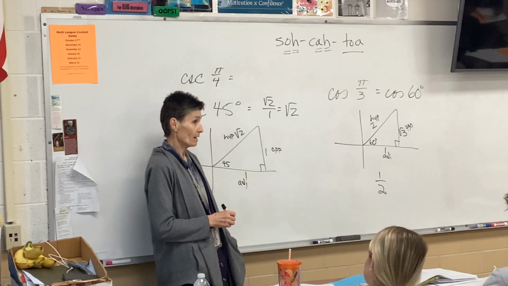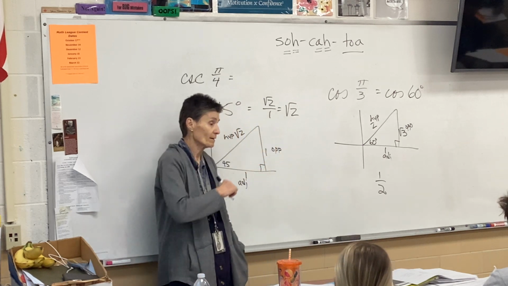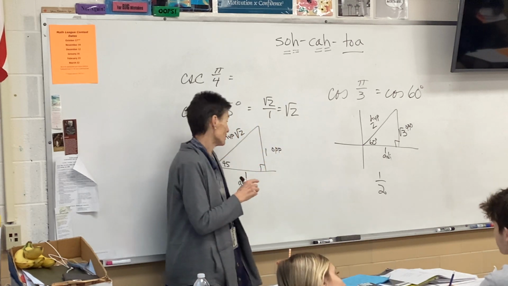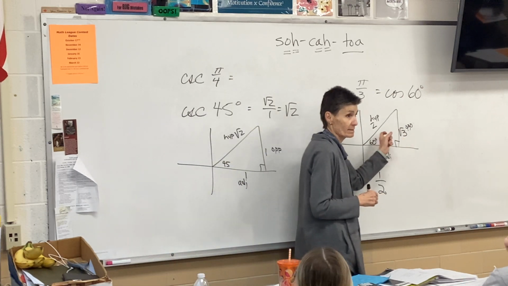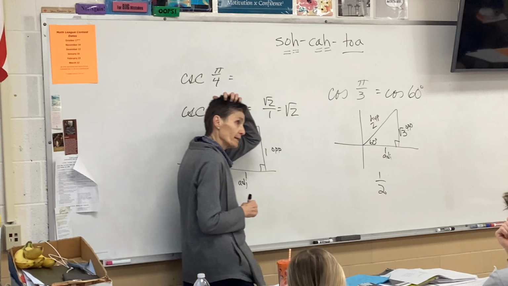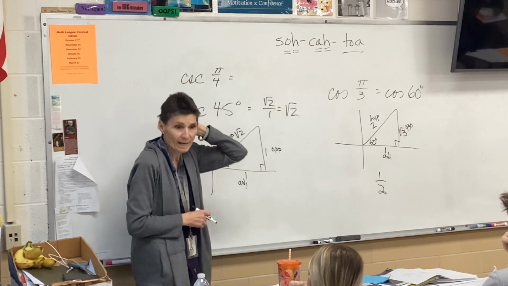Now, because we're using 30, 60, 90, 45, 45, 90 triangles, are we going to be using these same numbers over and over and over again? Yes. So you're going to get lots of answers that are root 3s, or root 2s, or 1/2s.